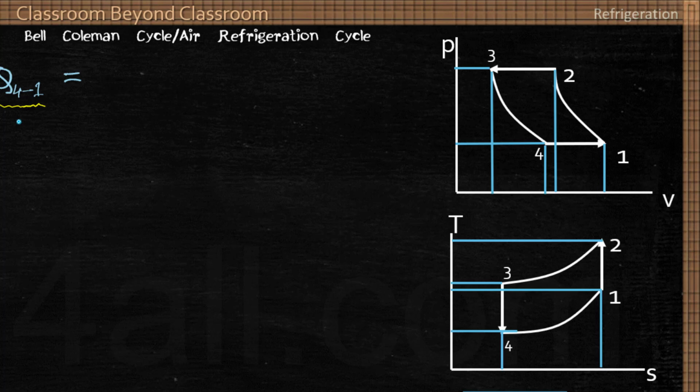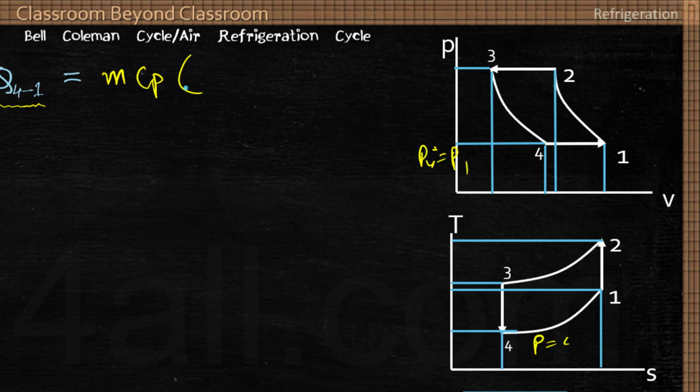Now what will be the heat absorbed? Q41. Anybody? What type of process? 4-1, you can see this is a constant pressure process, P equal to C. And in the PV diagram you can say P4 equal to P1. So what is that? M, mass of air, Cp, specific heat capacity of air at constant pressure, into temperature difference.